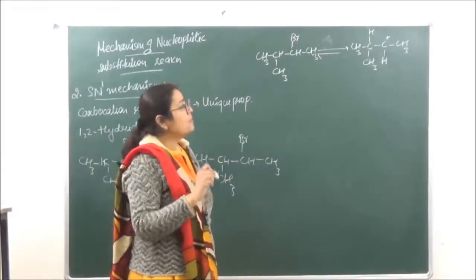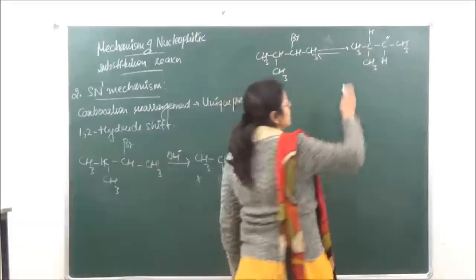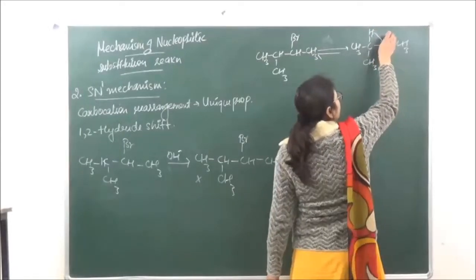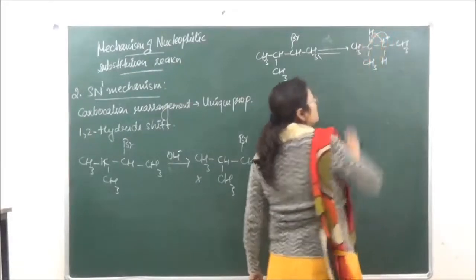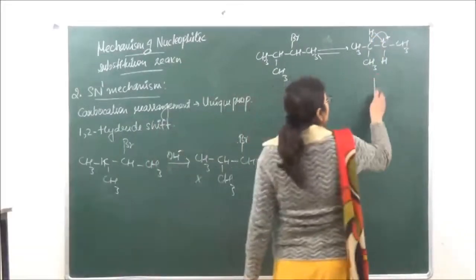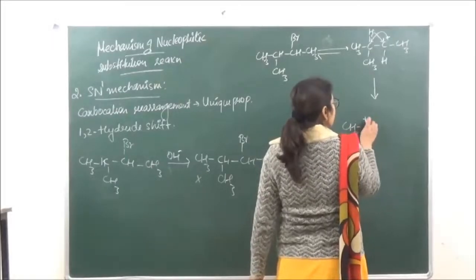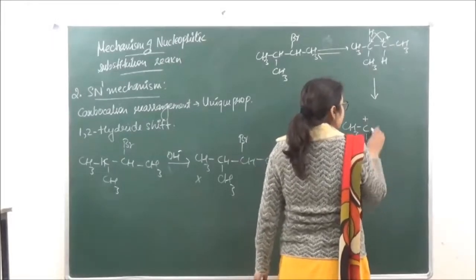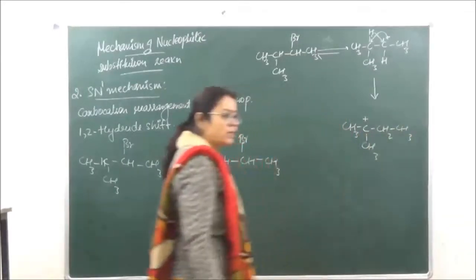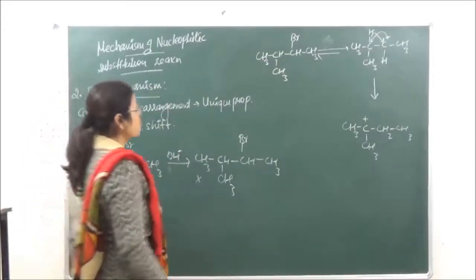So to make the 3-degree carbocation more stable, there is going to be a hydride shift, which means that the hydrogen will shift to this carbon atom and the positive charge will shift to this carbon atom. ठीक है? Such that the carbocation which we get over here now is C with a positive charge, CH3, CH2 and CH3. Right? So this is what hydride shift is, and the first step of the reaction.